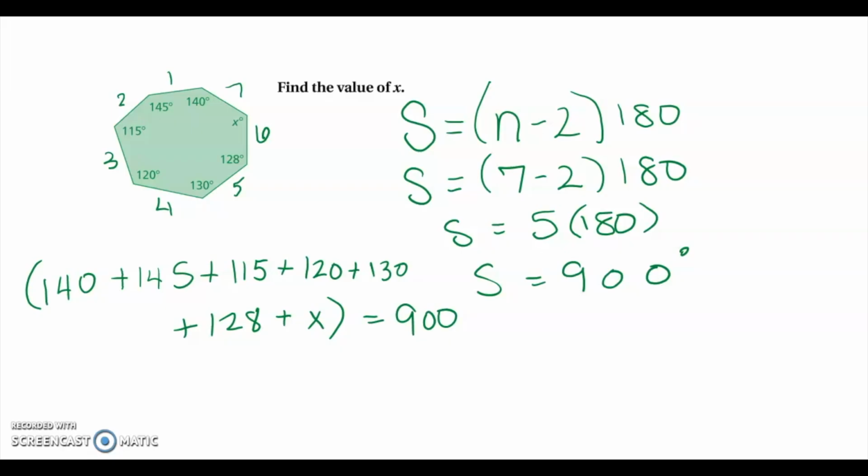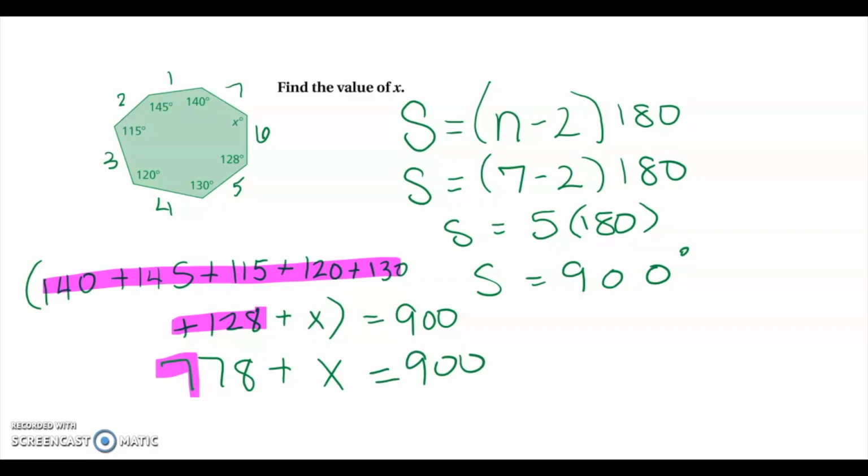The first thing we want to do is add up all of the angles that we know. When we add those all up, we get 778. Oops, let me go back to pen. 778 plus x is equal to 900.